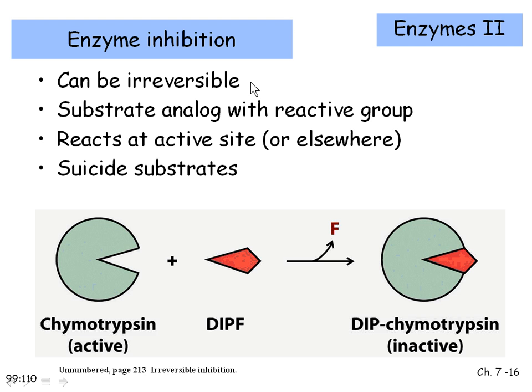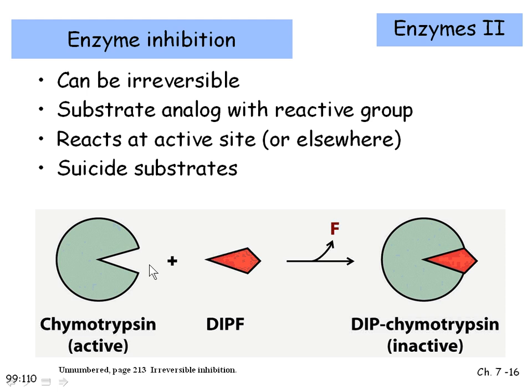These tend to be molecules that share some structural similarity to the normal substrate, but have on them a reactive group that can make a covalent bond to the enzyme. Typically at the active site, sometimes somewhere else. We sometimes call these suicide substrates because they bind and they're gone. They're never going to do anything else in their life. And so here's one we've already talked about in the past.